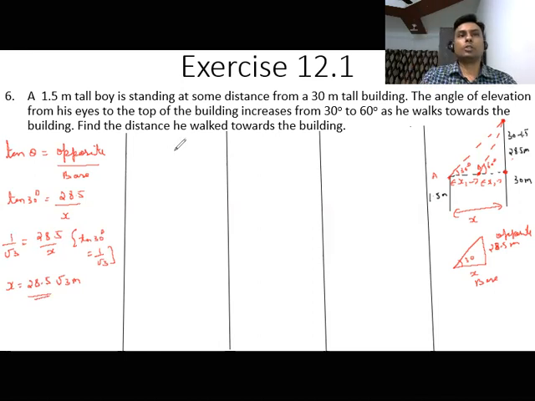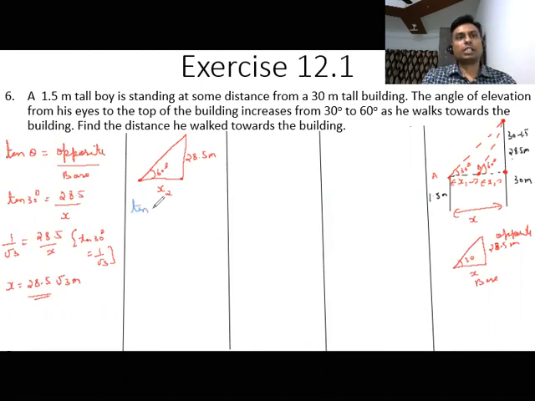This is the value of x, which means this was the initial distance between boy and building. Now what the boy is doing? The boy is walking a particular distance x1. Because he walks a particular distance x1, now the angle formed is 60 degrees. So I will take the next triangle. Angle formed is 60 degrees. This distance is x2. Now the new distance between the boy and the building is x2. Height is the same, 28.5 meters. Again opposite and base, again I can use tan.